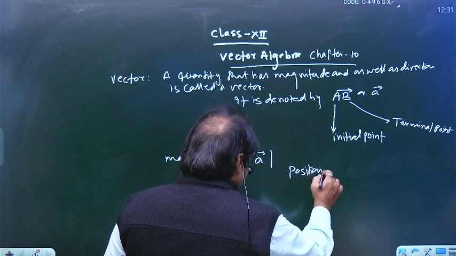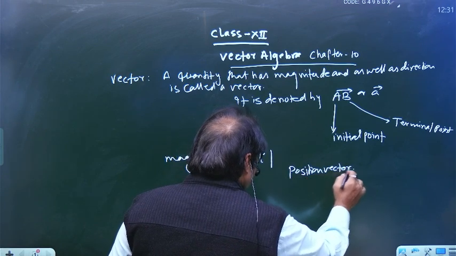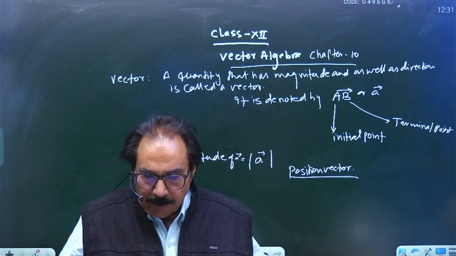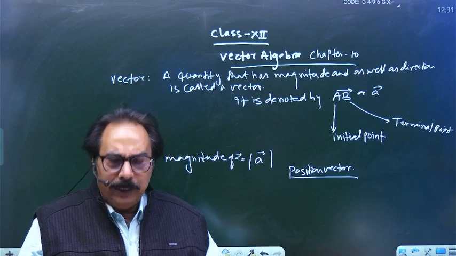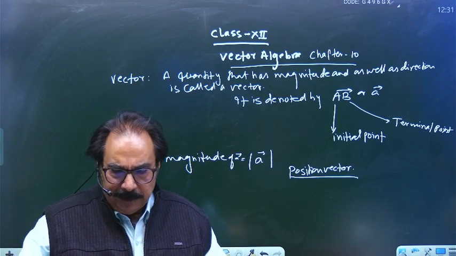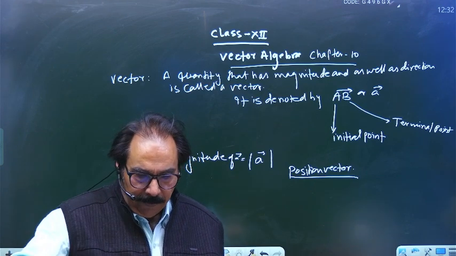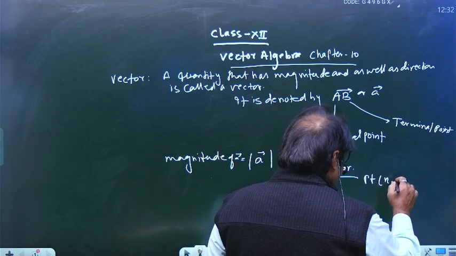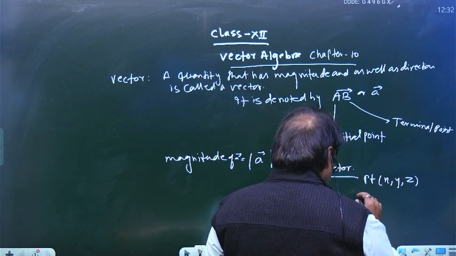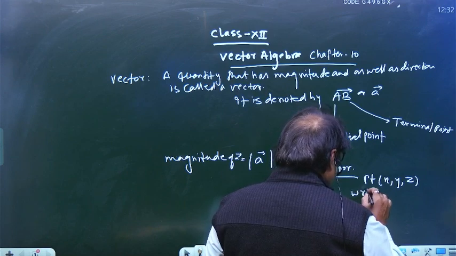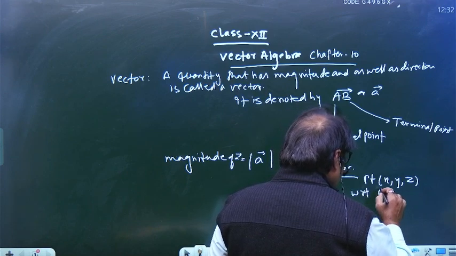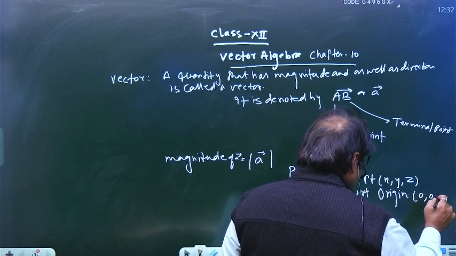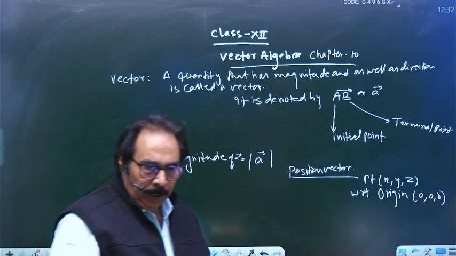Now the next point is position vector. Consider any point in space, with coordinates say x, y, z with respect to the origin, where the coordinate of the origin is 0, 0, 0, right?